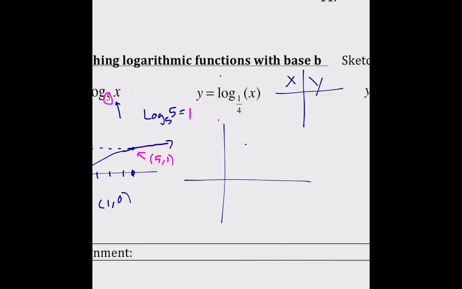I bet you if I put in 0 for x, I'll get an error. It's the same thing. You can't put in 0, you can't put in negatives. If I put in 1 for x, that's the same thing as saying 1/4 to what power equals 1. I could also do this way, (1/4)^y = x.